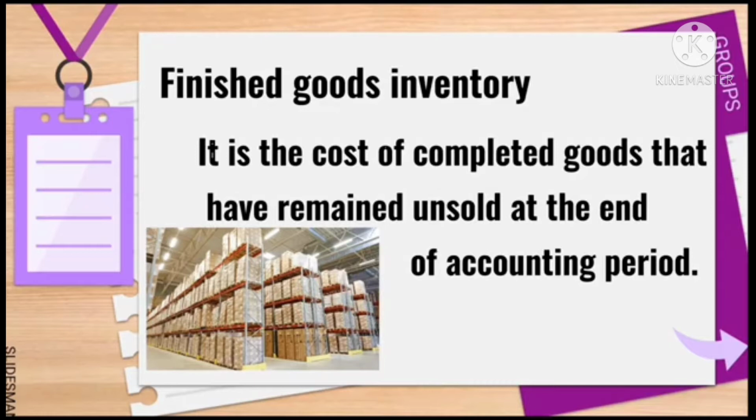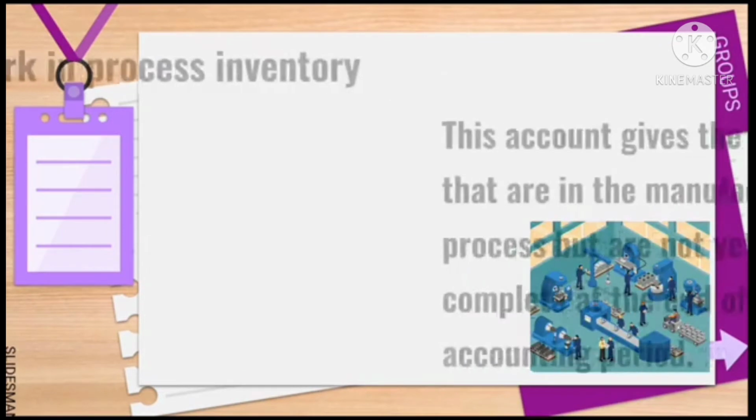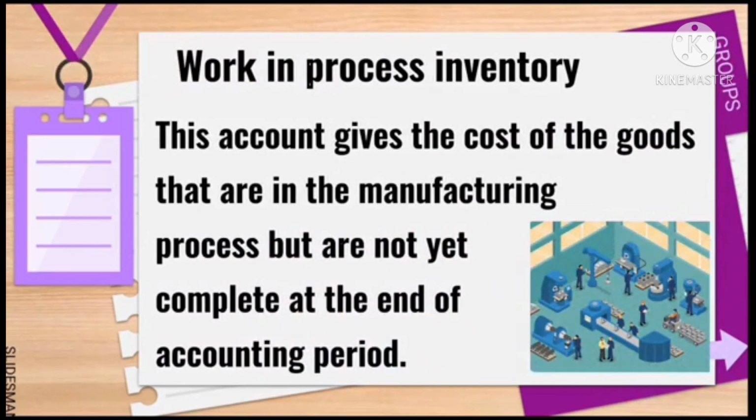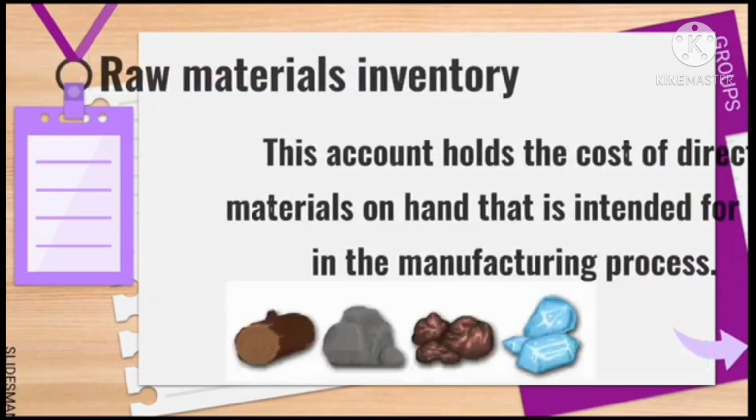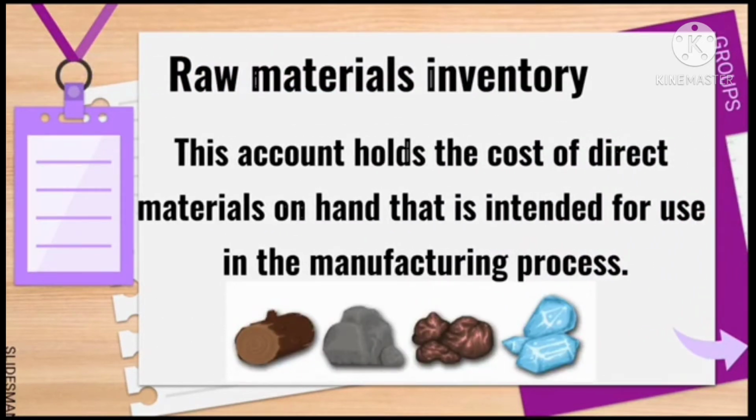Ito yung mga binebenta ng mga manufacturers sa mga merchandisers. Work in process inventory. These are partially completed materials within a production cycle. Raw materials inventory. It is the total cost of all component parts currently in stock that have not yet been used in work in process or finished good production.